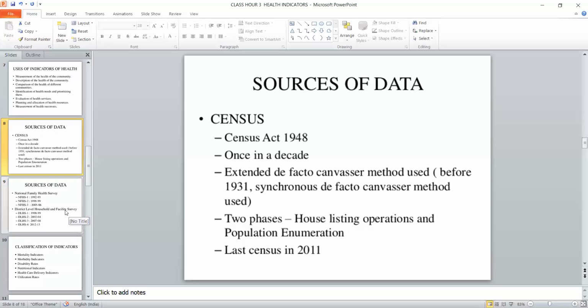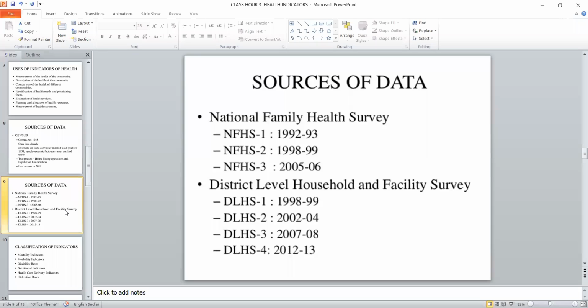Not only the census, there are many other sources of data for health economics. The other main source is the National Family Health Survey, which we call NFHS. Till date, we have conducted three National Family Health Surveys: one in 1992-93, the second in 1999, and the third in 2005-6.